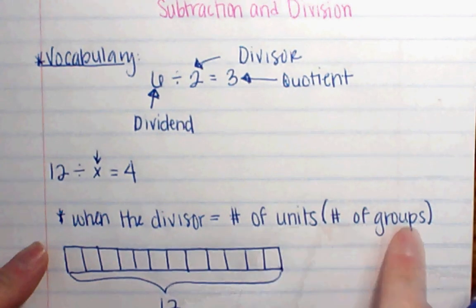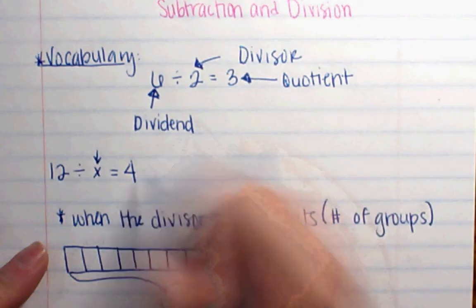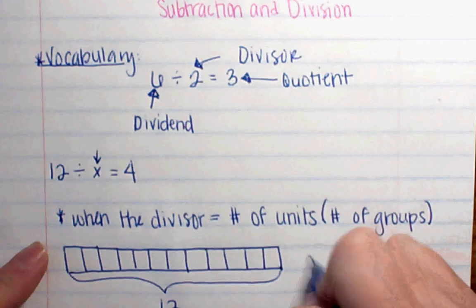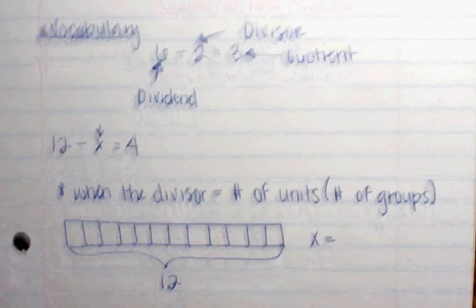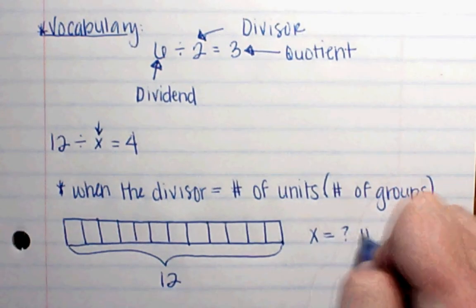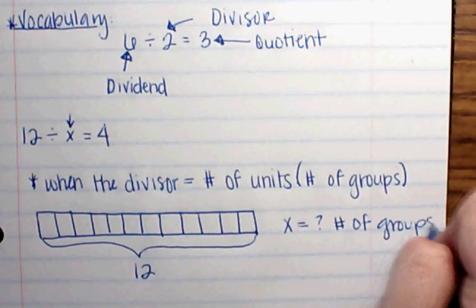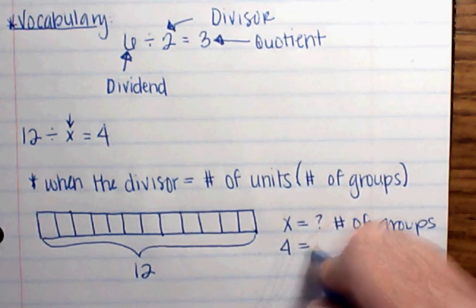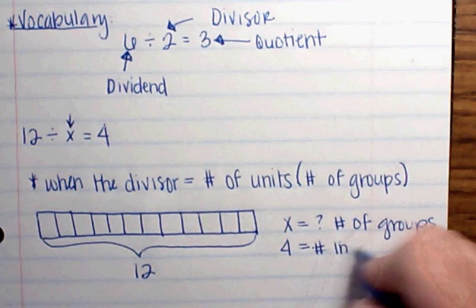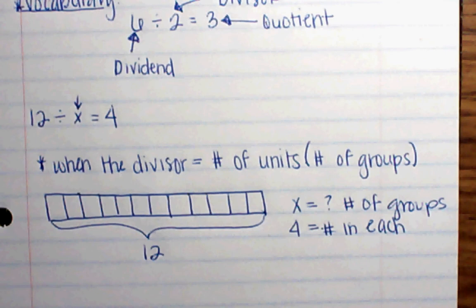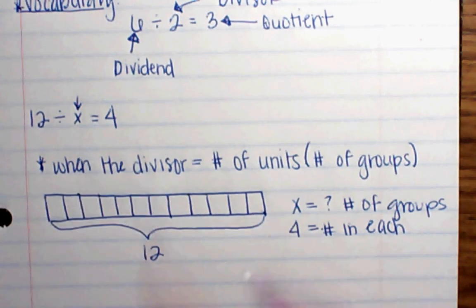I don't know how many groups, but I know that, let me just lay it out right here. X, I don't know the number of groups, but I know there's 4 number in each group. So what I can do is I can make groups of 4 to answer what X is.